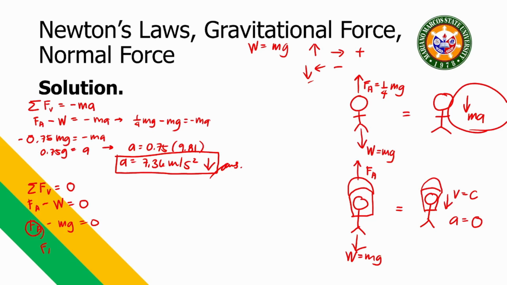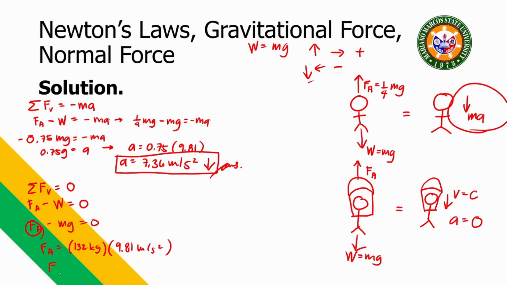So Fa therefore is equal to mass times gravity. Transpose natin yung mg. So yung mass nung parachute plus nung dalawang divers stated sa problem na it was 132 kilograms. And yung gravity is 9.81 meter per second square.